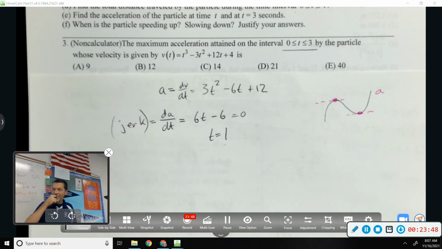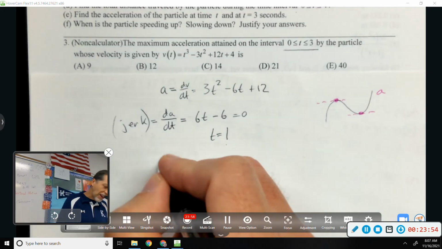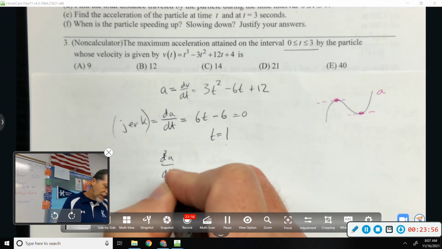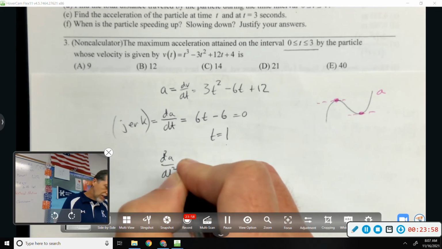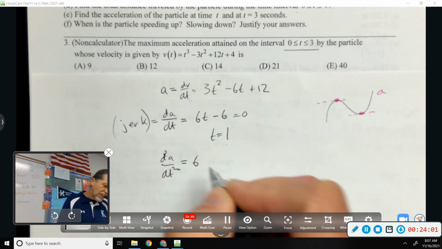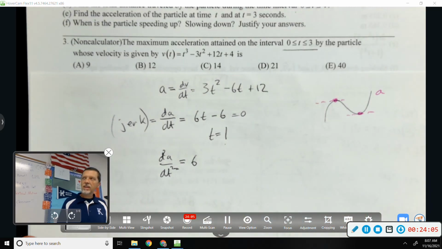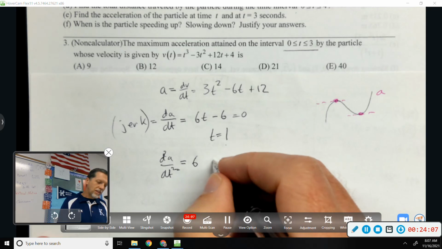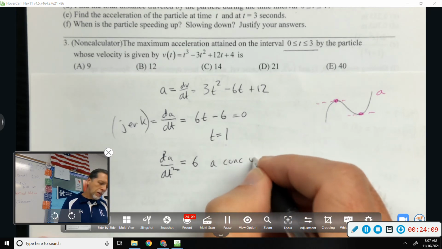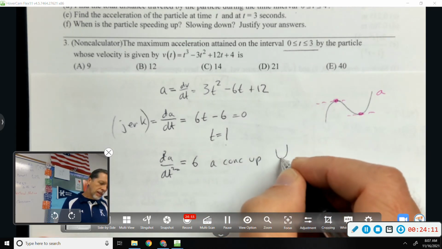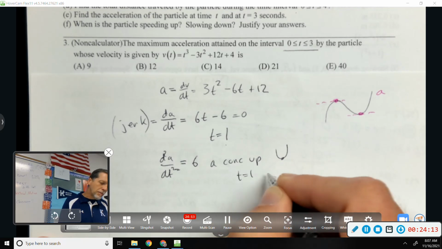Right, the second derivative of acceleration. That's like the 4th derivative of position, but whatever. The second derivative of acceleration is 6. What's that mean? That means acceleration is concave up. That means t equals 1 is a minimum.